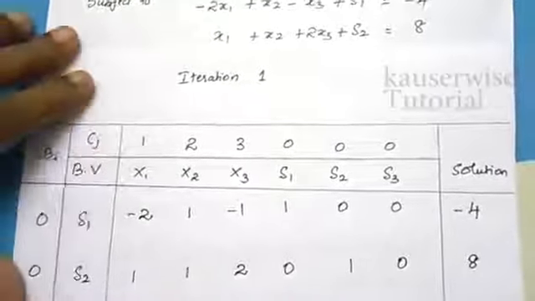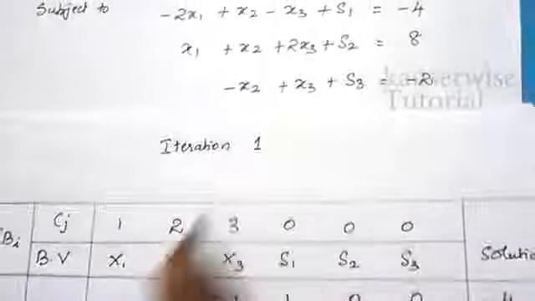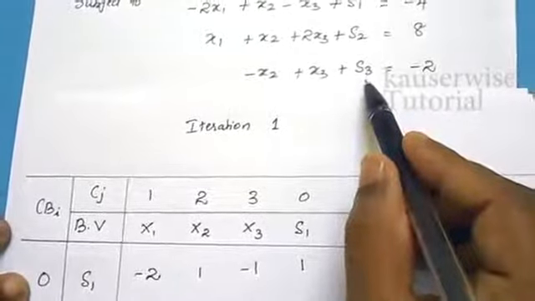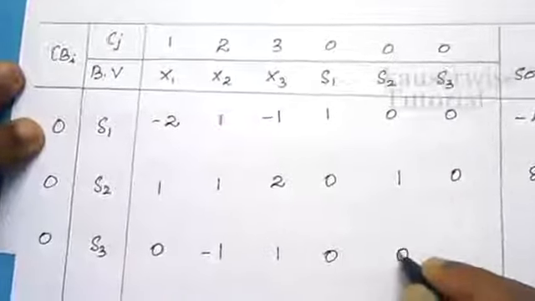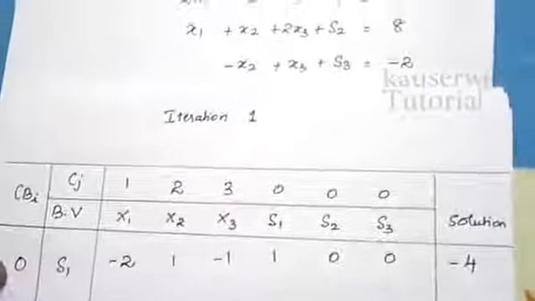In the same way, third constraint: there is no x1, so put 0. Minus x2 is minus 1, plus x3 is plus 1, s3 is there, so s1 and s2 are 0, s3 is 1, and the solution is minus 2.